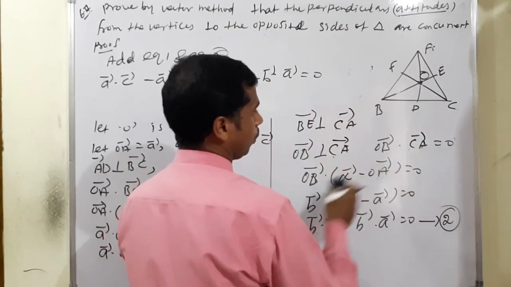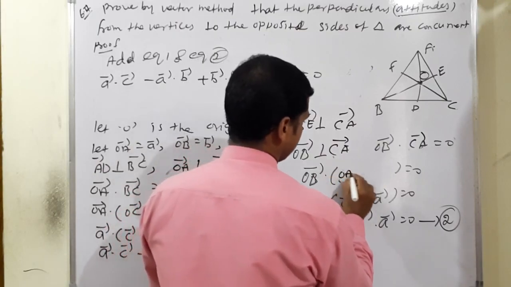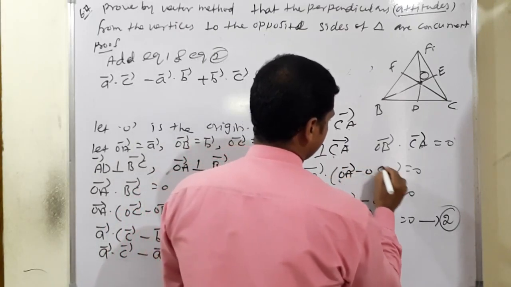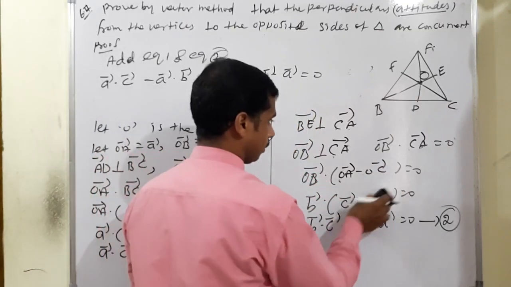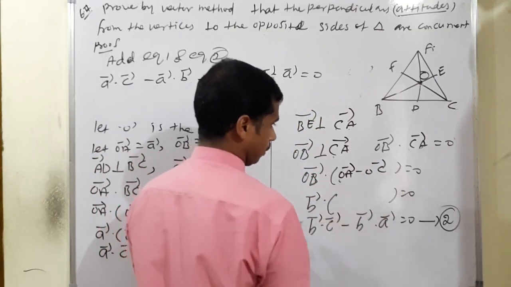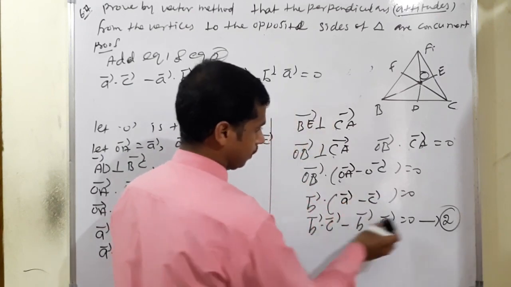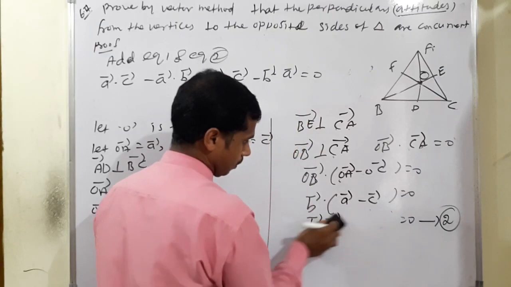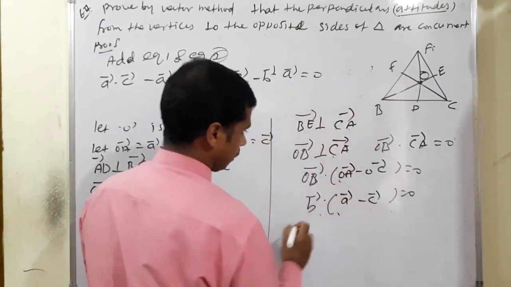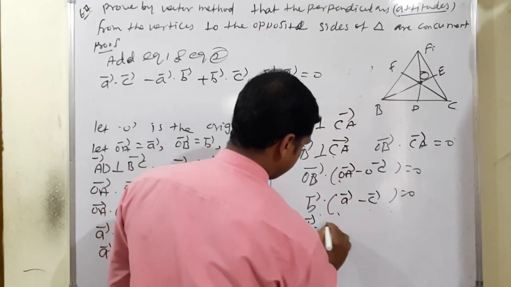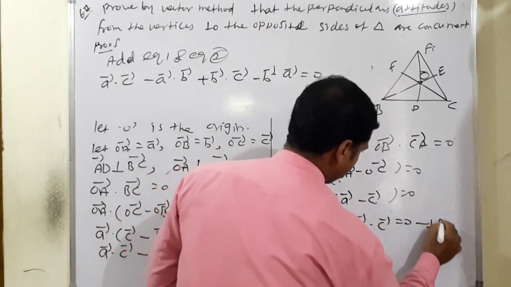Position vector means OA vector minus OC vector, that is A vector minus C vector. So remove the bracket: B vector dot A vector minus B vector dot C vector is equal to 0.